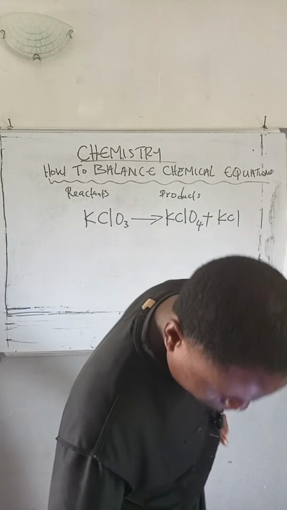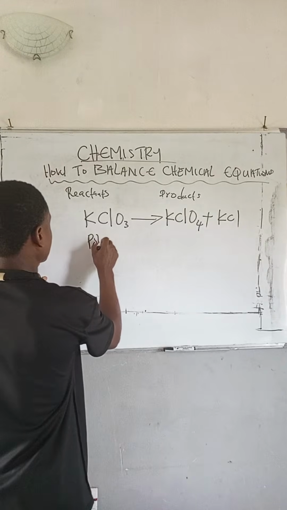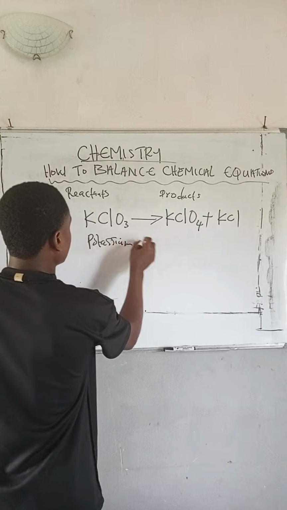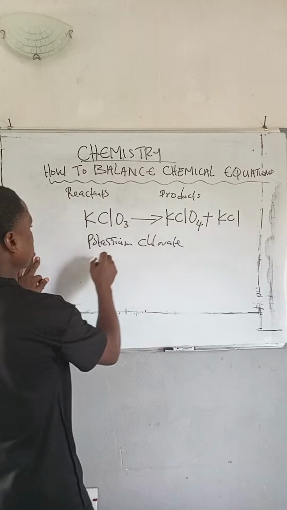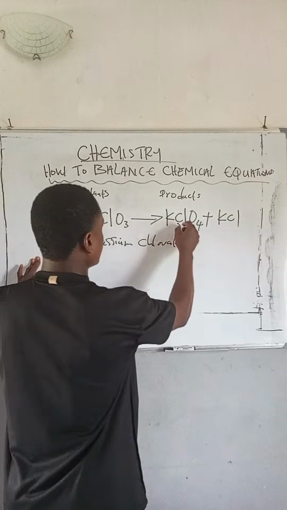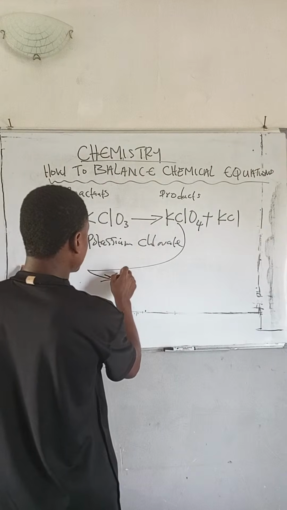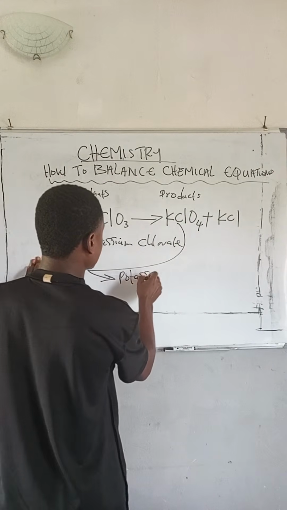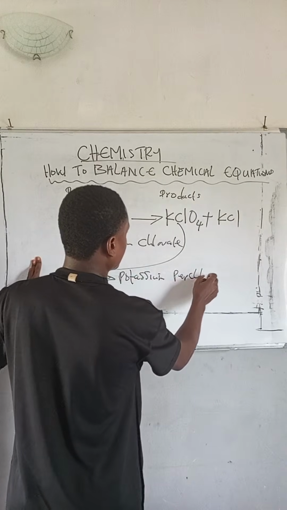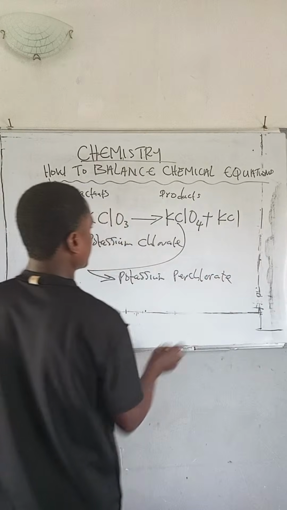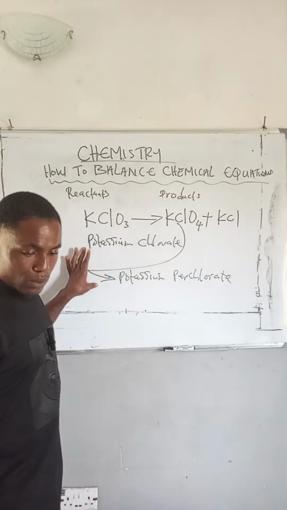Take note, this one is potassium chlorate, while the second one is potassium perchlorate. Write the names down.